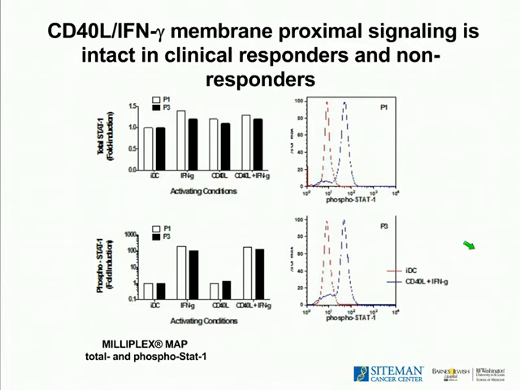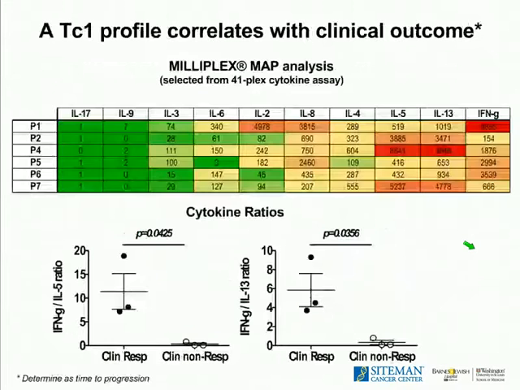So to conclude, I just want to go over our results with the T cells. I have told you so far that there is a difference in the IL-12 that is made by the dendritic cells from the clinical responders and the non-responders. And now we wanted to see if there was a difference in the T cell responses that were generated.